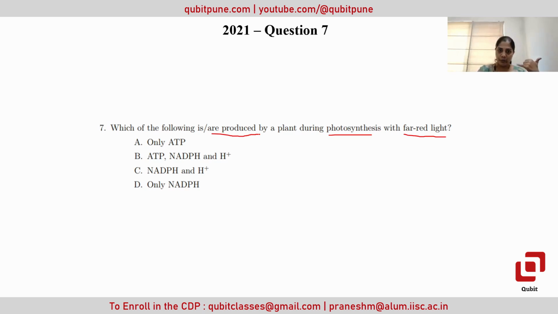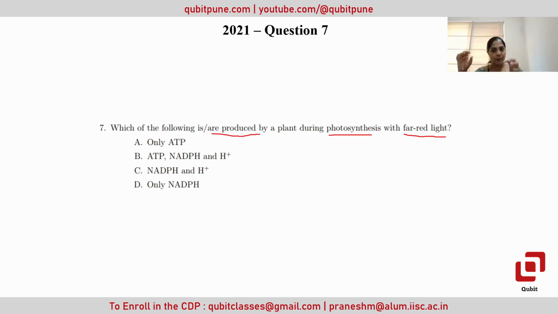We are talking about photosynthesis and the products generated from it, and the main keyword in this question is far red light. The red light spectrum is quite large. Even 680 falls in the red light spectrum and 700 is also in the red light spectrum. However, when we talk about far red light, the wavelength falls only from 700 to 800. That range is for far red light.